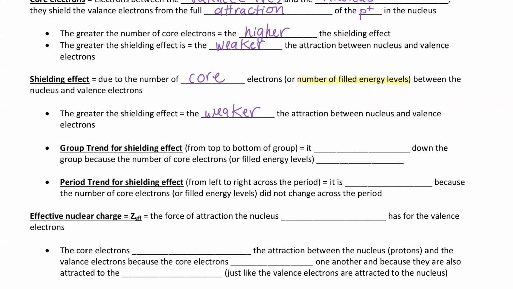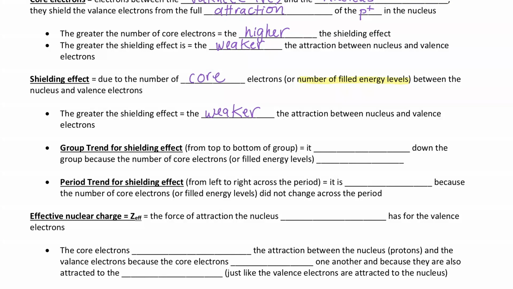We can see some trends both in groups and periods, not just for our periodic trends, but also for shielding and nuclear charge, right? For shielding, as we go in a group, top to bottom of the group, what do you think happens as we go down? As we go down the group, what happens to the shielding effect?